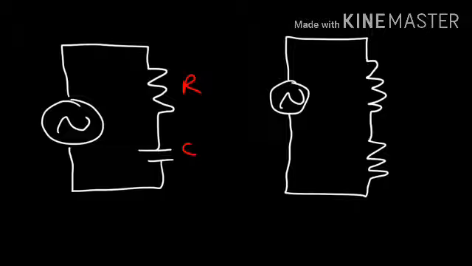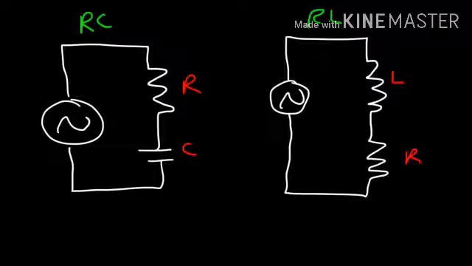The other 2 look like this. On the left, we have a resistor and a capacitor. So that's known as an RC circuit. On the right, we have a resistor and an inductor. So it's known as an RL circuit.